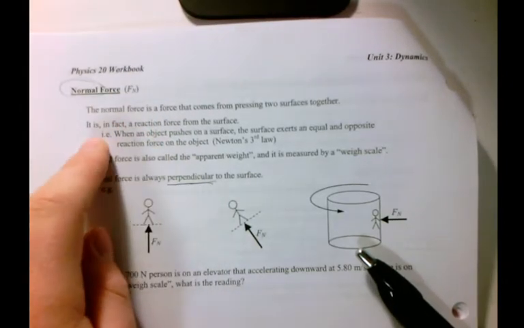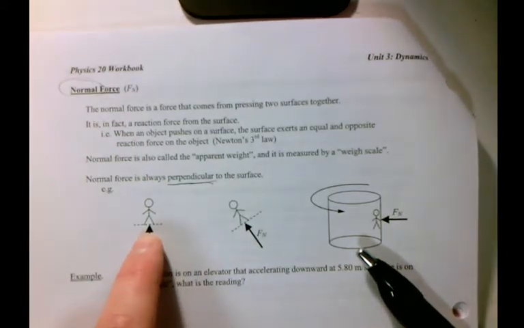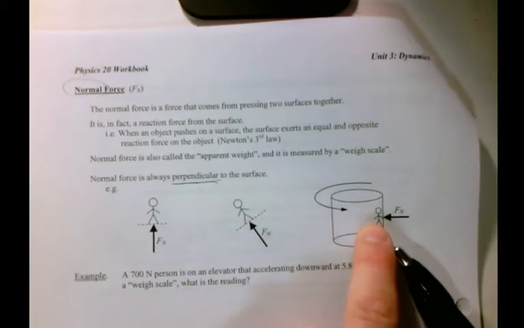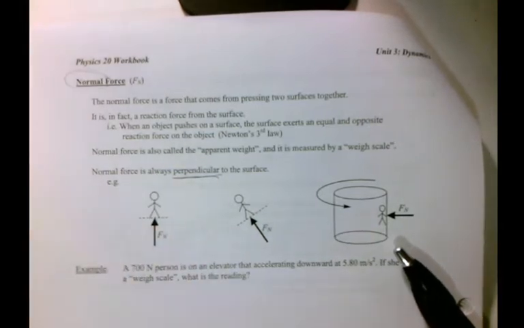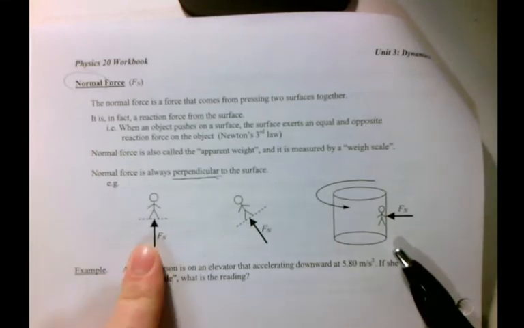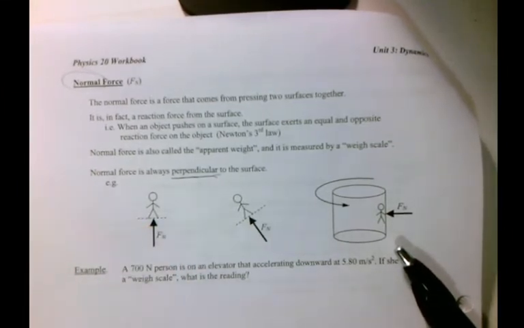So what it really is, is a reaction force from the surface, either that you're standing on or that you're being pushed up against, right? So as I'm standing on the ground, gravity will pull me down, but I'm obviously not accelerating downwards, and that's because the ground or the surface that I'm standing on is pushing back up on me.